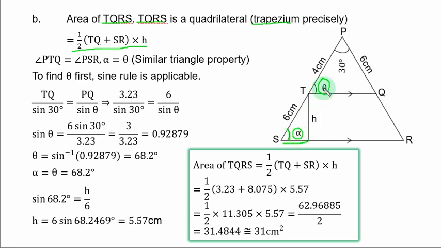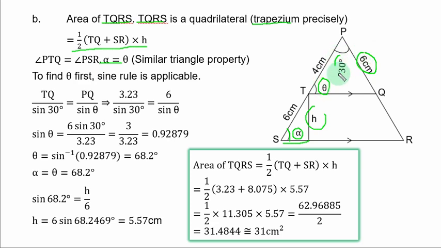So once we get theta, automatically we have alpha, and we can get the height. So you have alpha equal to theta, property of similar triangle.